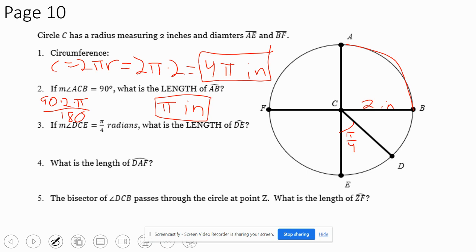The formula is so simple. With radians, you almost might as well just do that. Again, personal preference, but just radius times radians. So if I go to plug in there, the radius is 2. Okay, radians is pi over 4. So you end up with 2 pi over 4, and 2 over 4 simplifies to a half. So you just end up with pi over 2 inches.